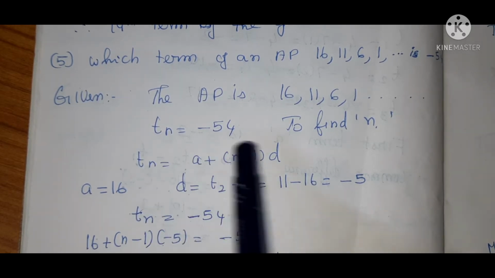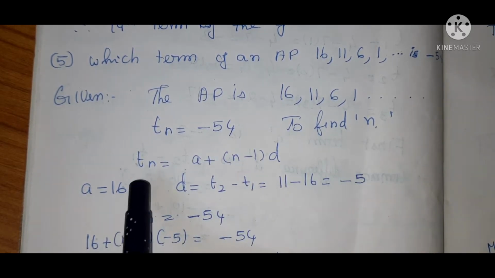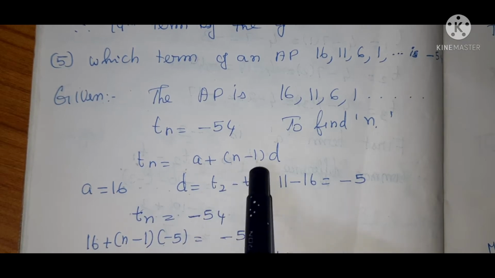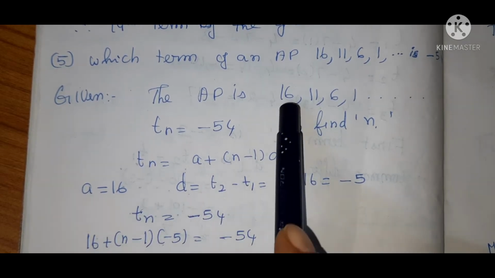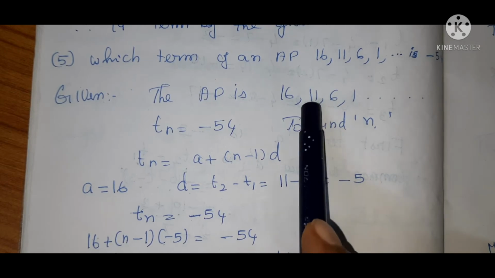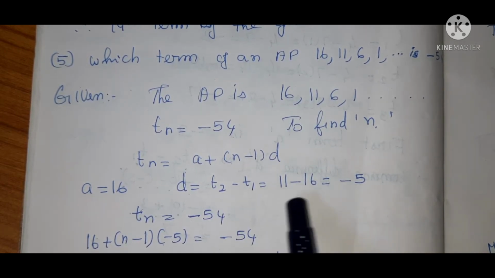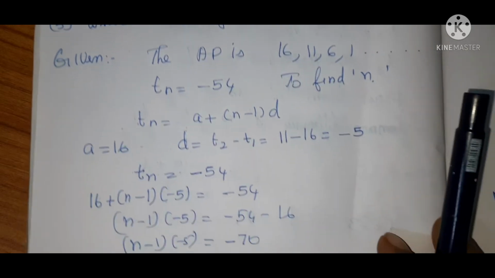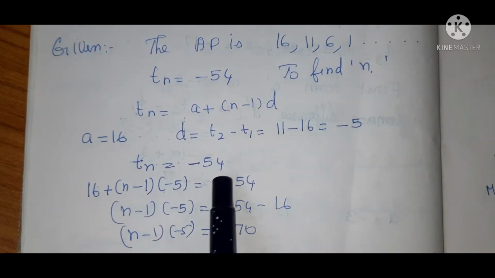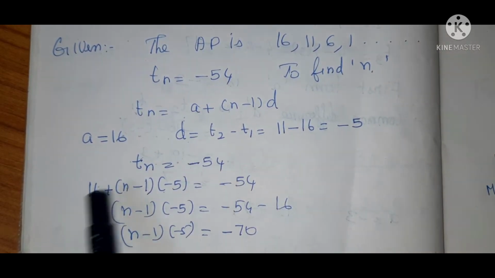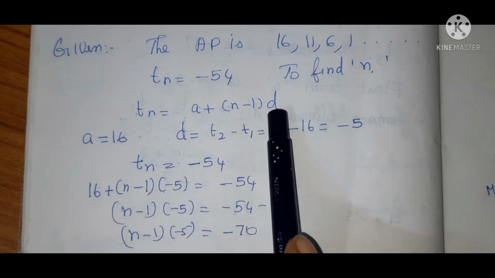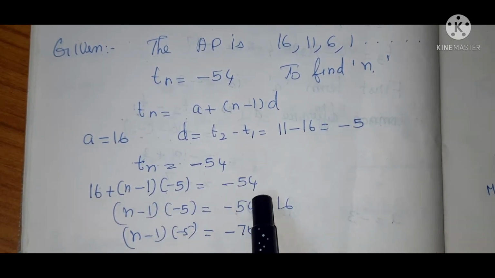Tn is minus 54. To find n, Tn is a plus n minus 1 into d. Here a is 16. d is t2 minus t1, second term minus first term, 11 minus 16, which is minus 5. Tn is minus 54, a is 16 plus n minus 1 into d, d is minus 5, is equal to minus 54.